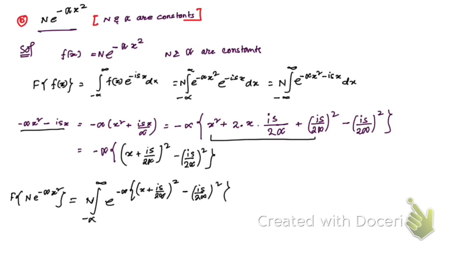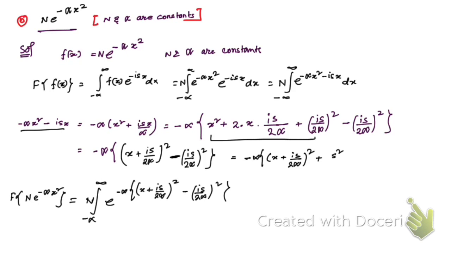Right, now you see, if you square this, then you should have minus alpha integration minus alpha into x plus is by 2 alpha whole square. Then it's going to be plus, because i squared is minus 1. That's why this minus becomes plus on squaring i, right?